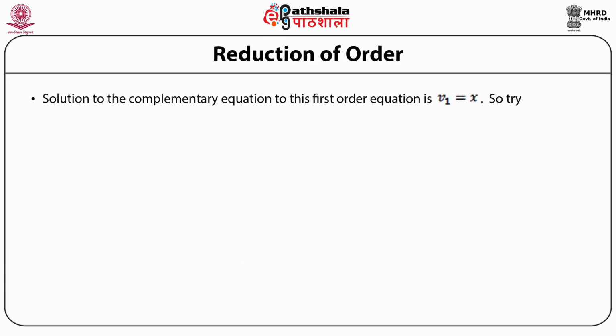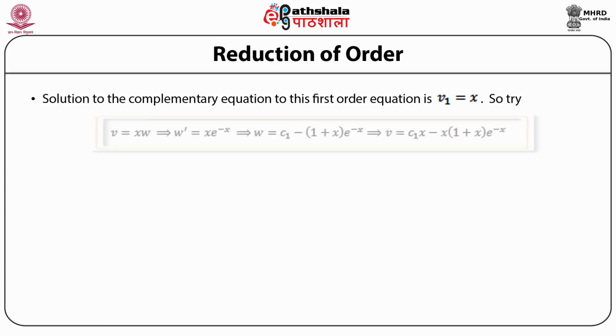The solution to the complementary equation to this first order equation is v1 equal to x. So we try a solution of the form v equals x times w. w prime will be equal to x times e raised to power minus x. So w can be obtained by integrating the equation, and w is equal to c1 minus (1 plus x) into e raised to power minus x.